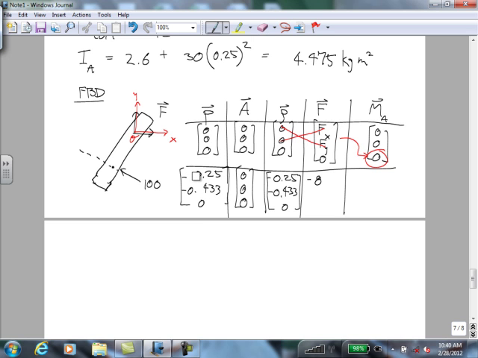The force vector is, I'm going to go with negative 86.6, positive 50, if this angle's 30.